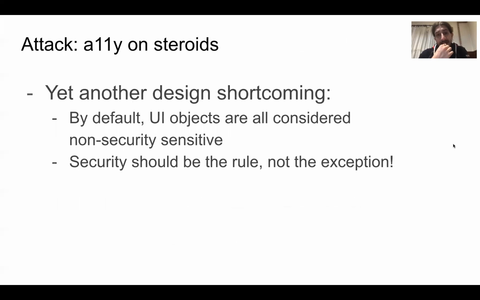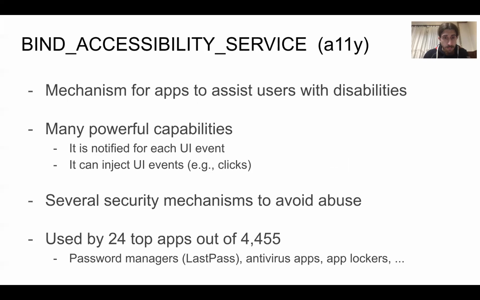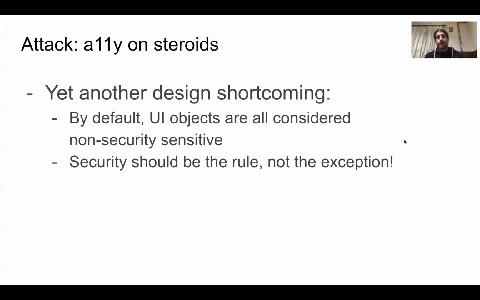So again, there are some security mechanisms to prevent abuse, but basically what we found out is that there are several design shortcomings for this CBD service. The idea is that we found out that all UI objects are considered non-security sensitive. In a sense that, as I mentioned in the past, you can read things from every text widget, for example, but if it's security sensitive, then this read will not work.